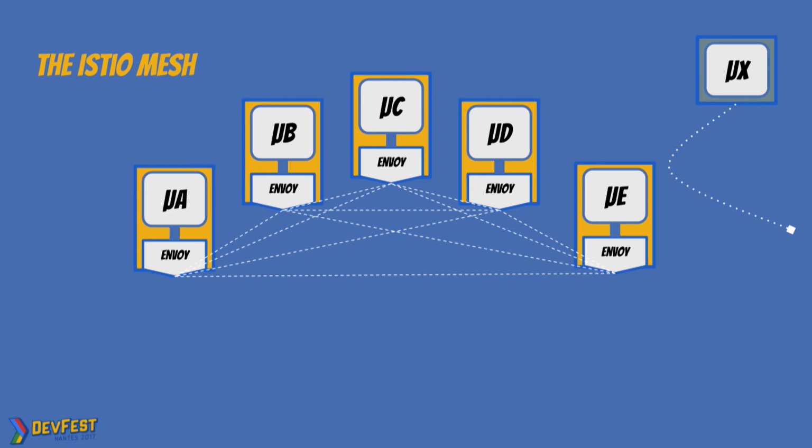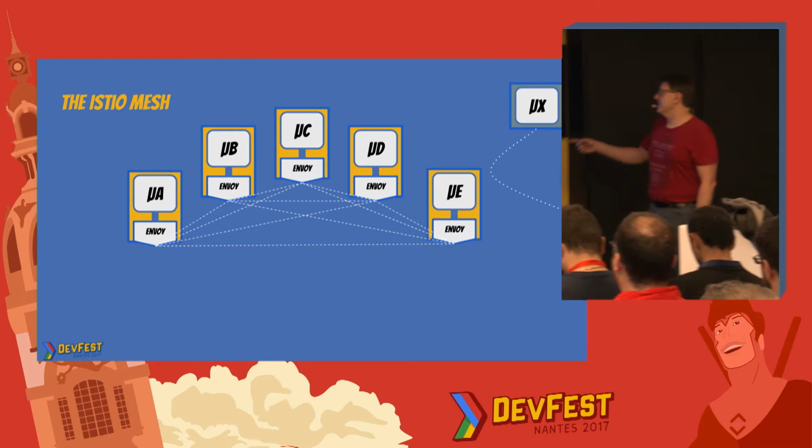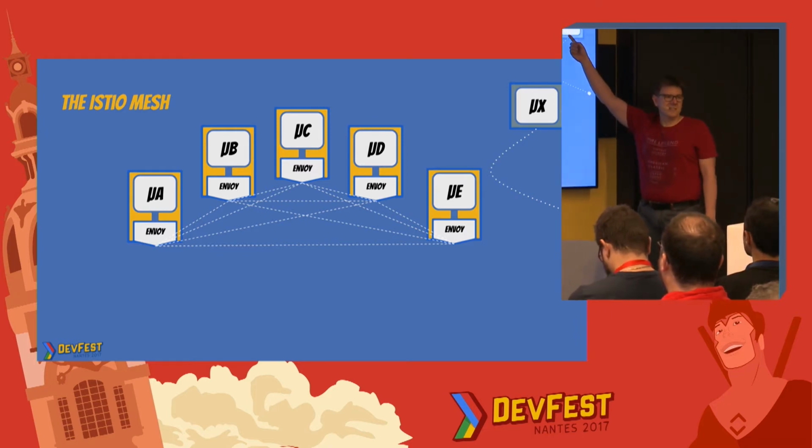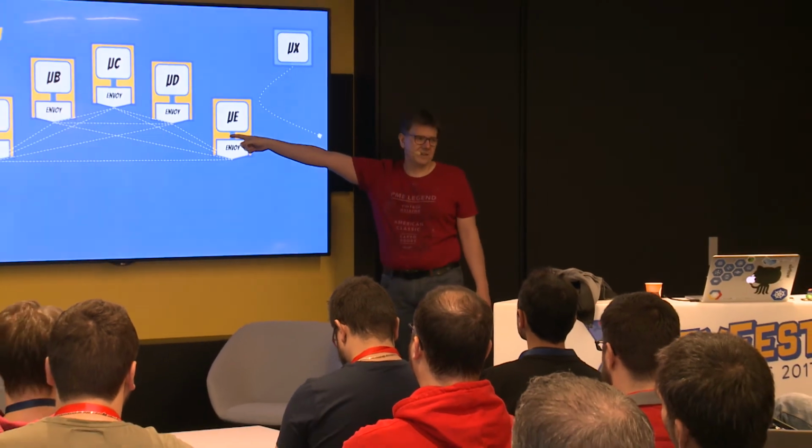So typically, a mesh will look like this. All your services all have Envoy. Otherwise, it's not part of the Istio mesh. It has a lot of advantages, but if there's some service that's excluded and not part of it, there's no way that it will get in there.